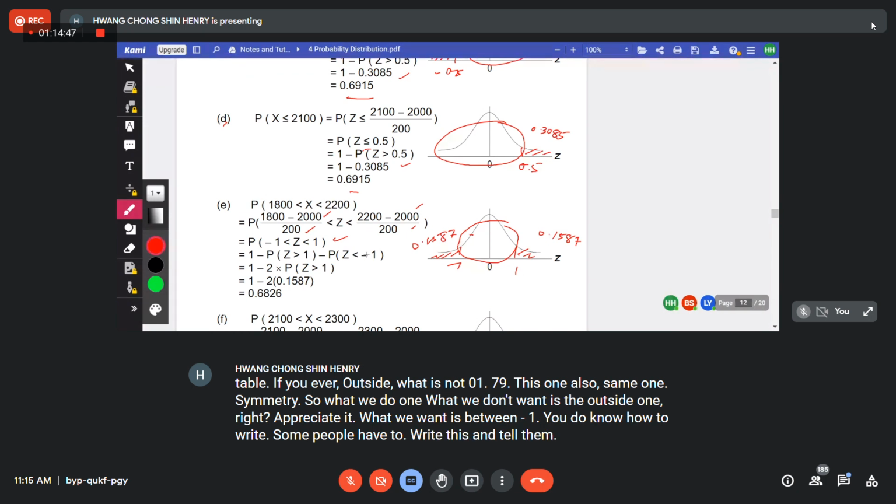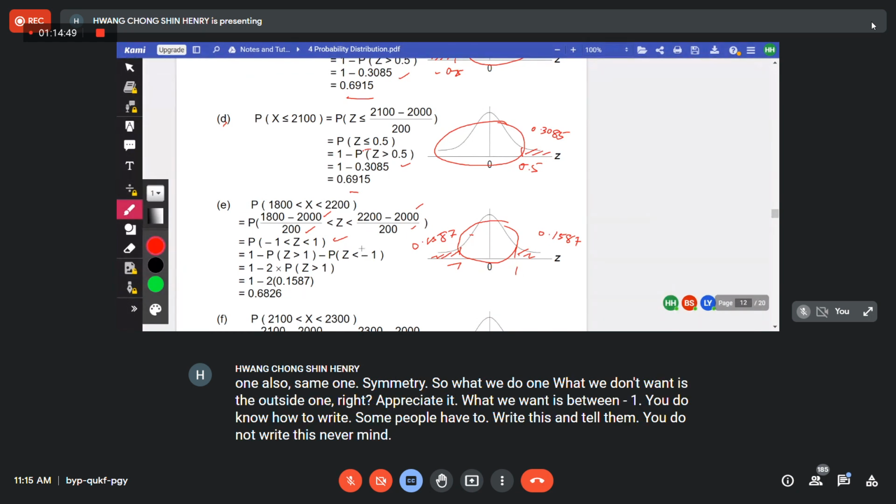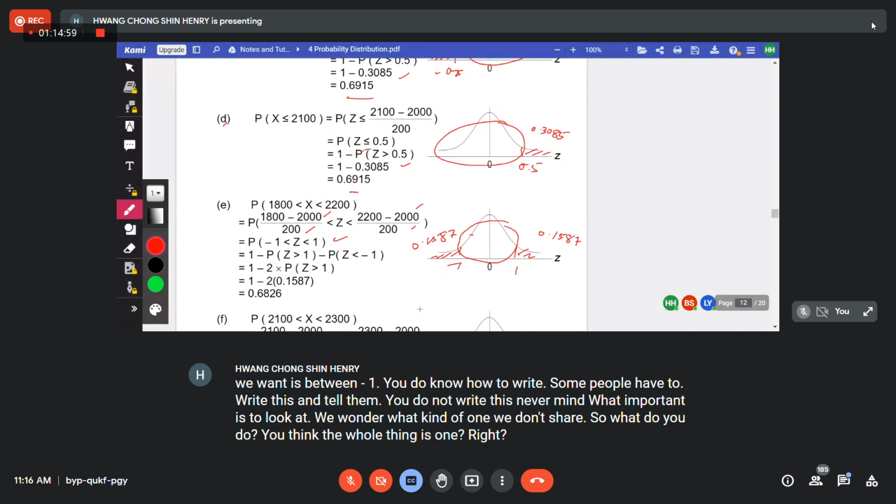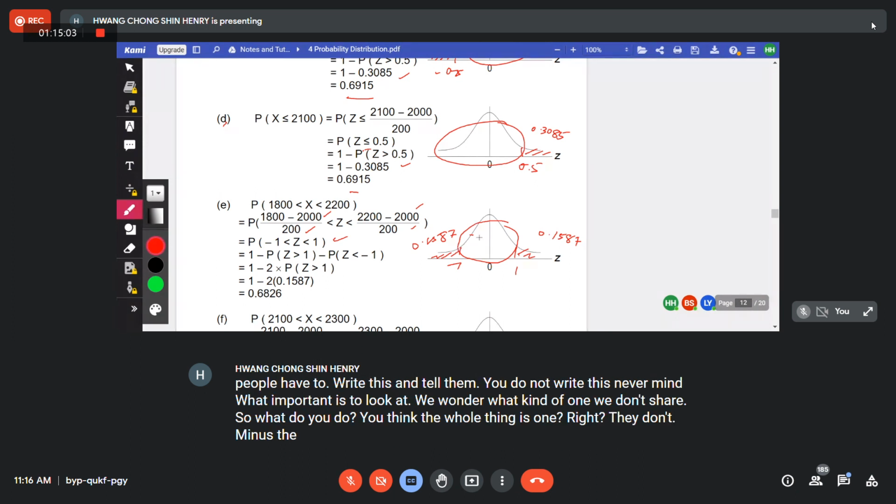What is important is to look at your normal curve. We want the white colored one. We don't want the shaded one. So you take the whole thing as 1, then minus the one you don't want, then you get the one that you want. So minus 0.157 and minus 0.157. That's why you see 2 times. Same, so you just times 2, then you take 1 minus it.